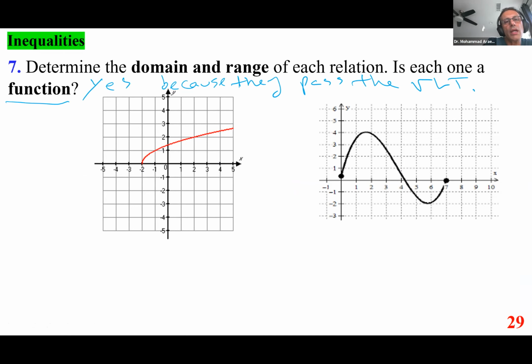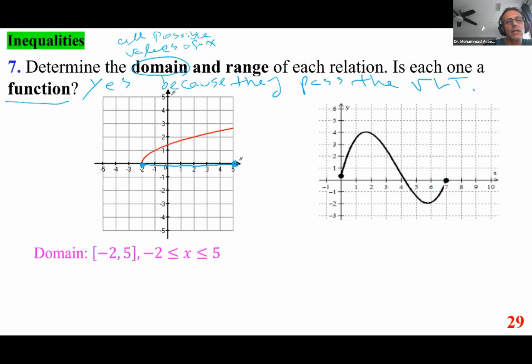So what is the domain for the first one? Remember, domain means what? The simplest definition: all possible values of x. So from here to here.